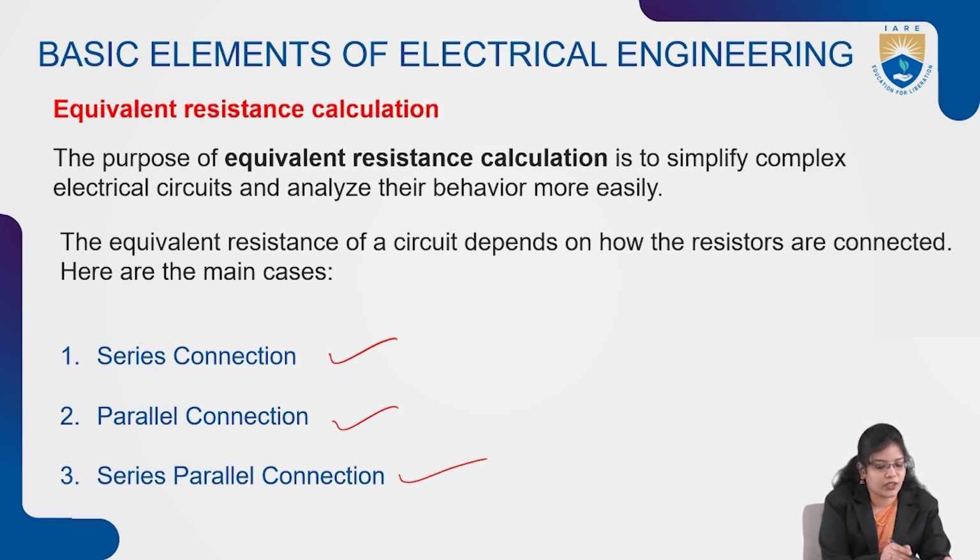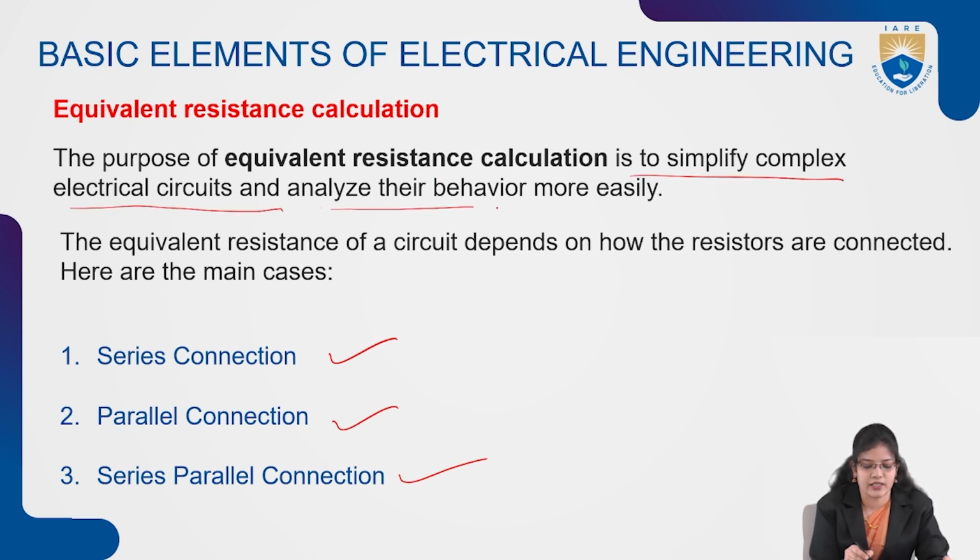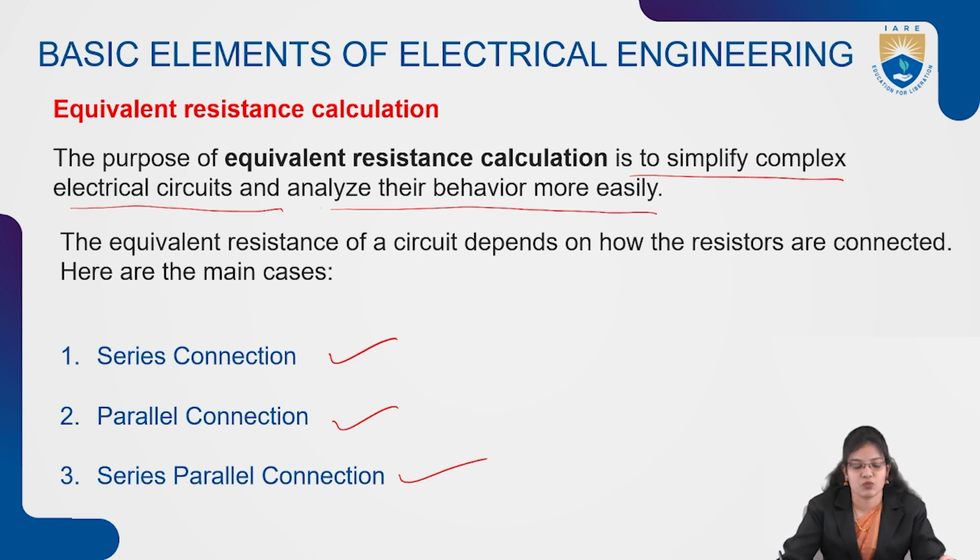The purpose of equivalent resistance calculation is to simplify complex electrical circuits and to analyze their behavior more easily. These calculations are of three types: series connection, parallel connection, and the third one, a combination of series and parallel. In this lecture we will learn how to calculate when the resistances are connected in series, parallel and series-parallel.